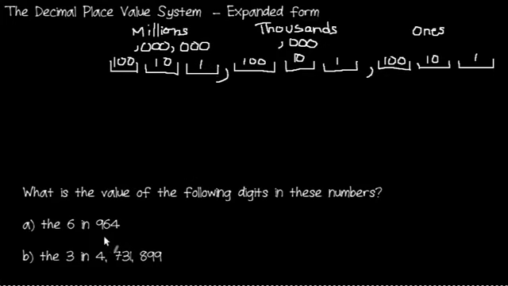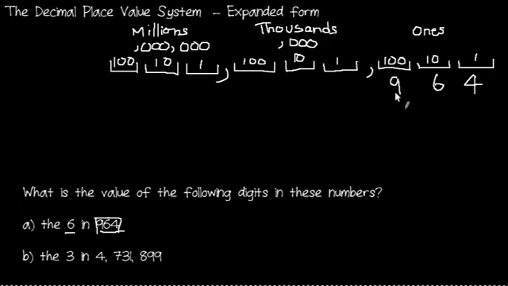So let's look at the first one. We want to know what the value of 6 is in 964. So the first thing we're going to do is just put the number into the columns. And 964 is units. We can either just write in 964 directly into that period, or if you want to go through step by step, you can start by putting the 4 in the first position, 6 in the second position, 9 in the third position.